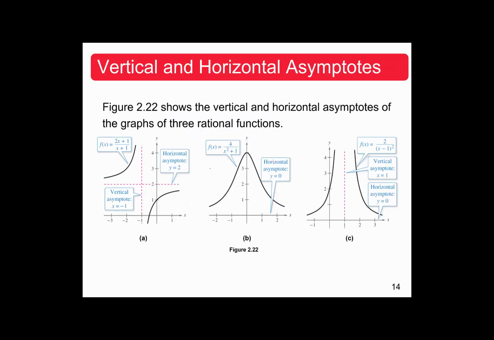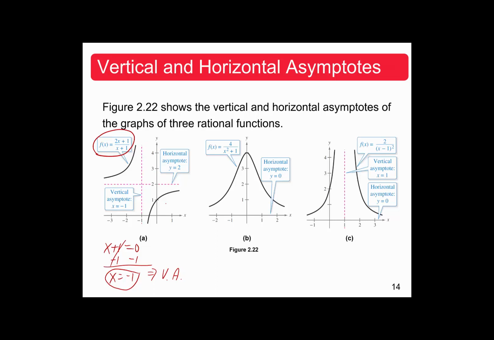Okay, so if you analyze all these graphs, for the first function, f of x equal to 2x plus 1 over x plus 1, this has a vertical asymptote. And the way we get a vertical asymptote is by setting x plus 1 equals 0, then subtracting 1 from both sides of the equation, x equals -1. And that's how we get a vertical asymptote. I'm using the abbreviation v.a. So that's why x equals -1 is a vertical asymptote here.